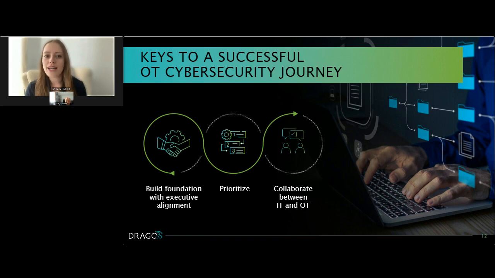And then collaborating between your IT and your OT groups, those are the two groups that are really going to be carrying out everything that you need to make sure that you have a defensible architecture. So making sure the relationship between those two groups is strong and that everyone is aligned on the path forward.